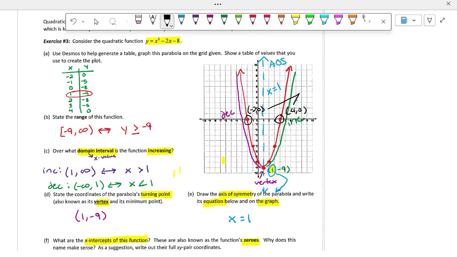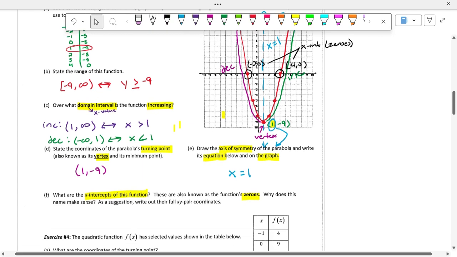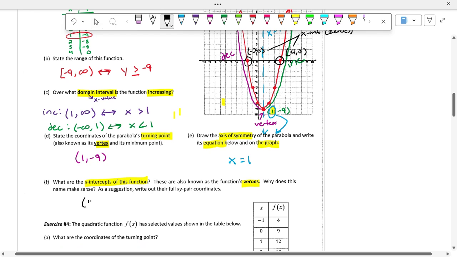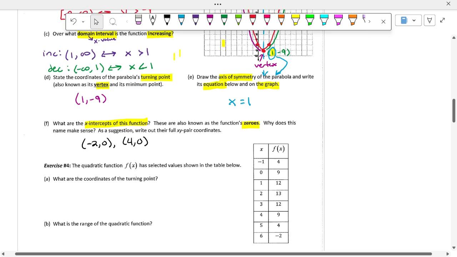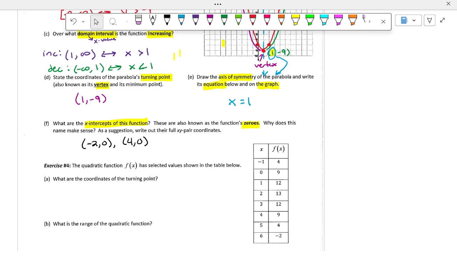Those are my x-intercepts. You can also call them the zeros. You may also see them as roots or solutions. Now, these are the points. So -2, 0, and 4, 0. Why do you think we can call x-intercepts zeros? What about the points of an x-intercept do you think lets us call it zeros?